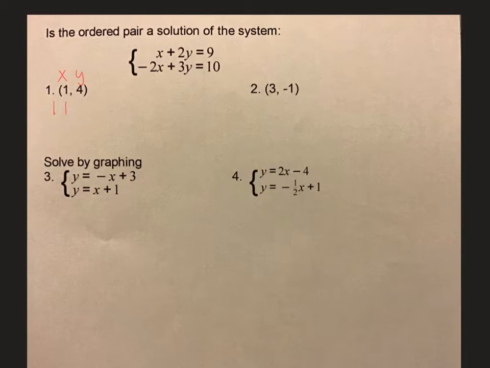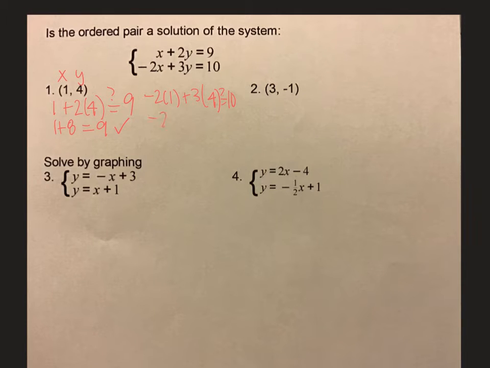So 1 plus 2 times 4, is that equal to 9? Well, 1 plus 2 times 4, 2 times 4 is 8. 1 plus 8 is 9. That one works out. And then we just plug it into the second equation. So negative 2 times 1 plus 3 times 4, is that equal to 10?